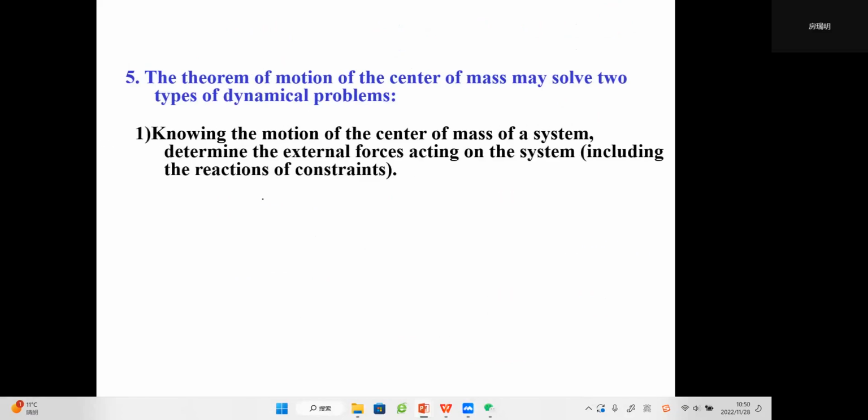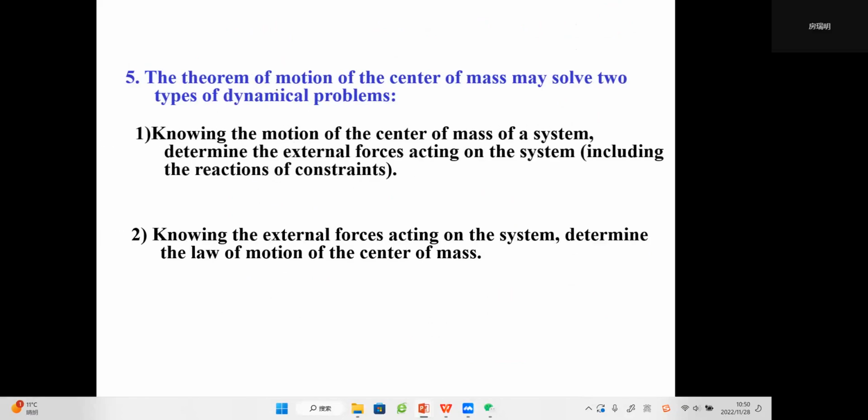And finally, the theorem of motion of the center of mass may solve two types of dynamical problems. So the one is knowing the motion of the center of mass. So maybe I should write this expression again. Sigma F. So the one is we know the motion of the center of mass of the system.